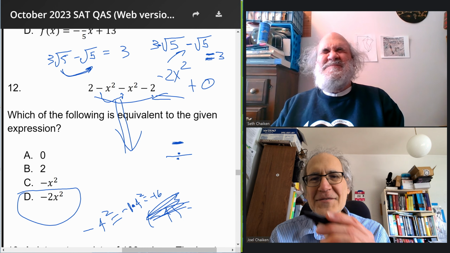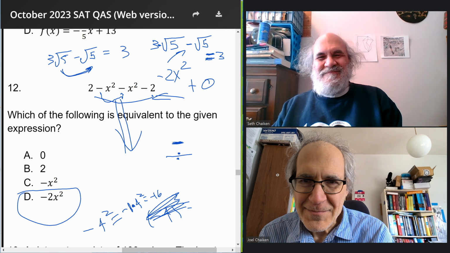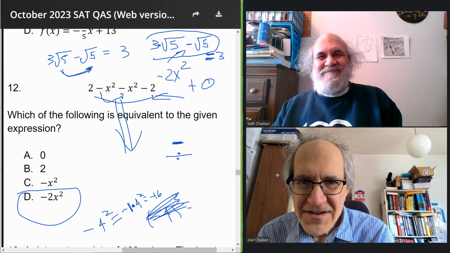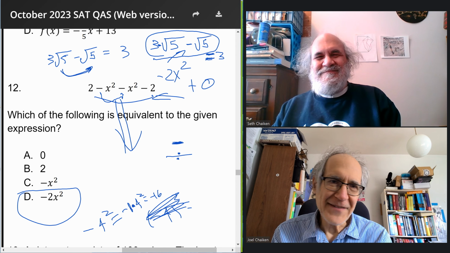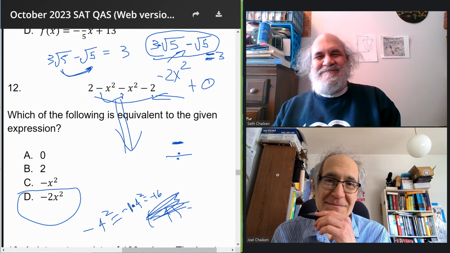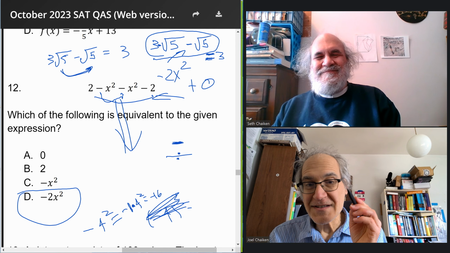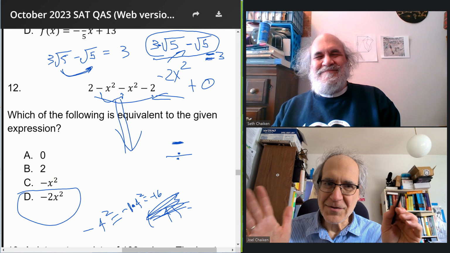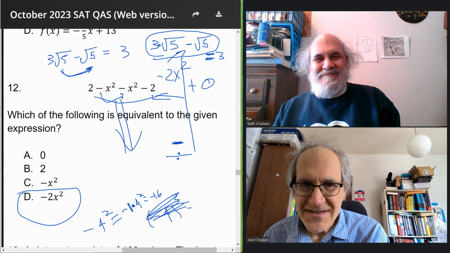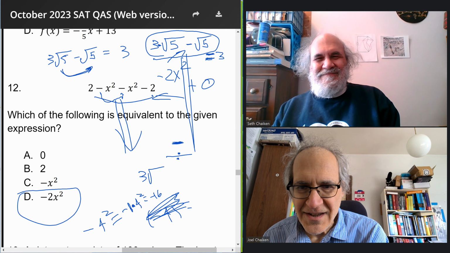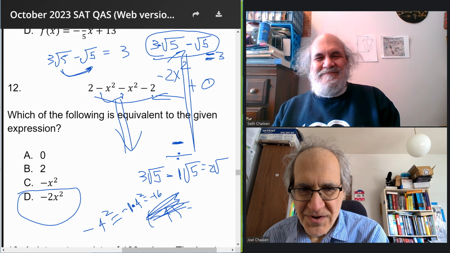Now your brain may process this as just knocking off the radical 5s. It may make sense, but according to the logical math rules, that is not what this is saying. This is saying 3 things minus 1 thing equals 2 things.